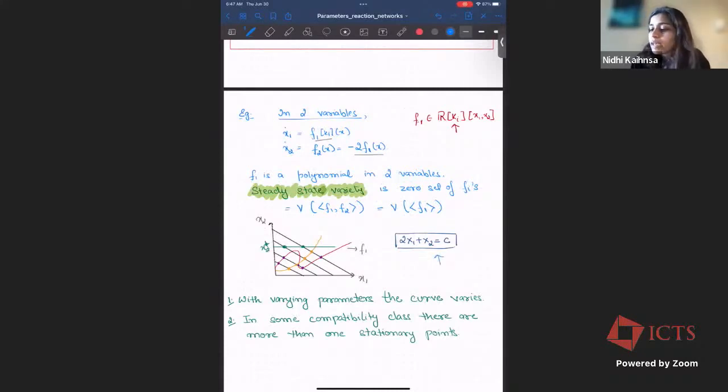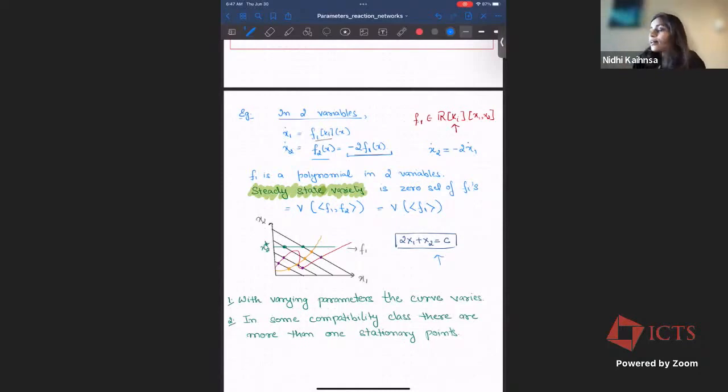Right. So my F1 and F2 have this relation: F2 is minus twice F1. So that means x2 dot is minus twice x1 dot. So by first integral relations, you get 2 times x1 plus x2 should be equal to some constant.